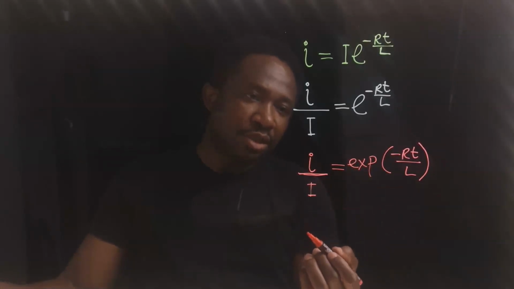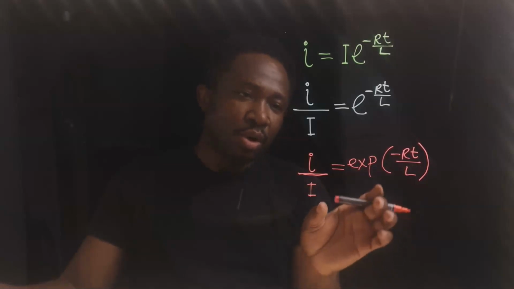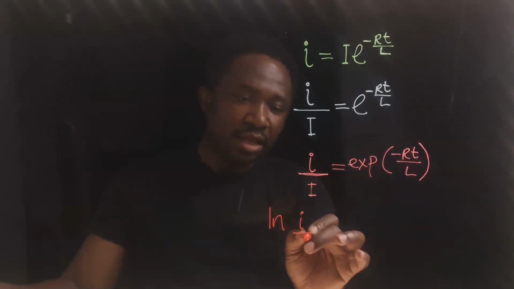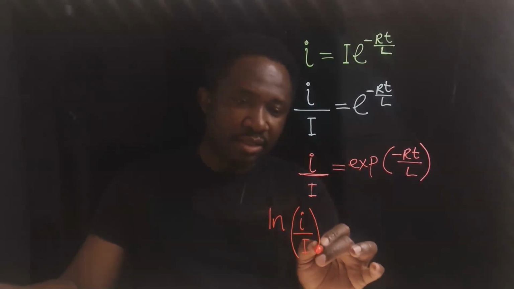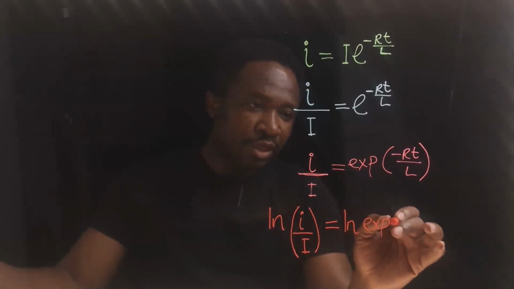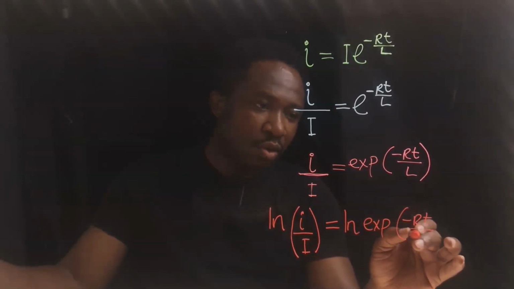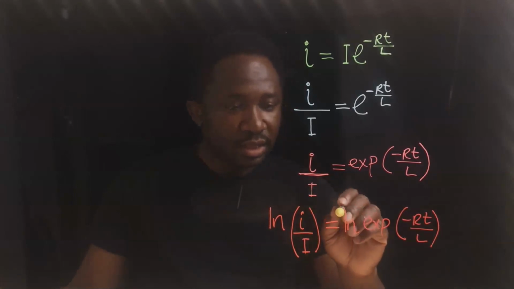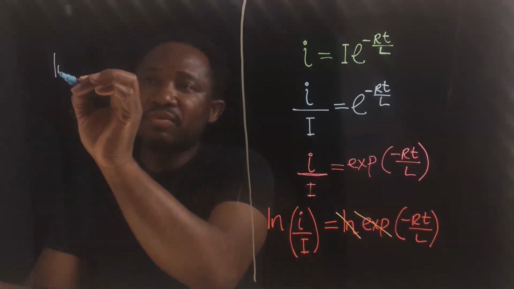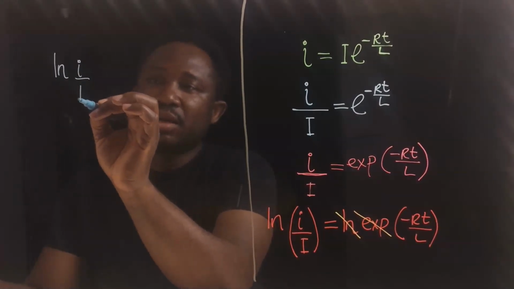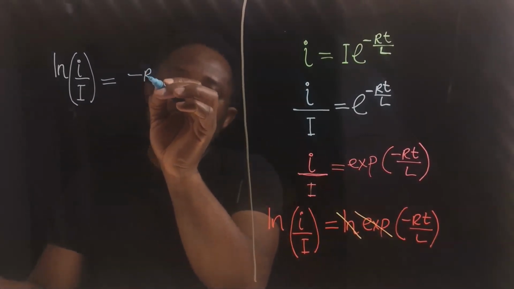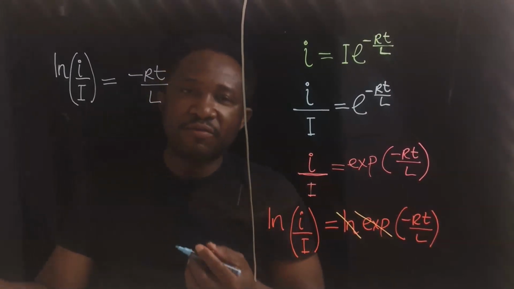This is exponential. For us to neutralize the exponential, we're going to take the natural log of both sides, and I'm going to have that the natural log of i over I in bracket, and on this side we're going to have the natural log of exponential minus RT over L. Next, natural log will now neutralize exponential, and now we're going to have natural log of i over capital I. On this side we're going to have minus RT over L is now free.